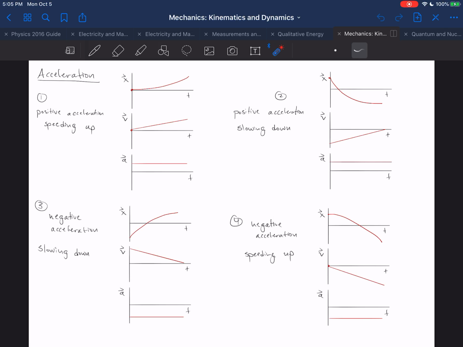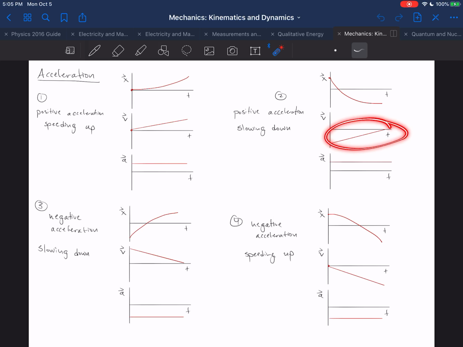So the velocity is going to decrease in magnitude and get more positive. For example, this might be negative 4 meters per second, negative 3, negative 2, negative 1, 0. You can see the object is slowing down in the negative direction.